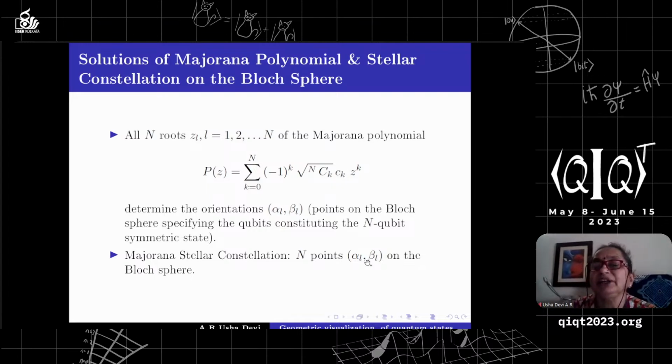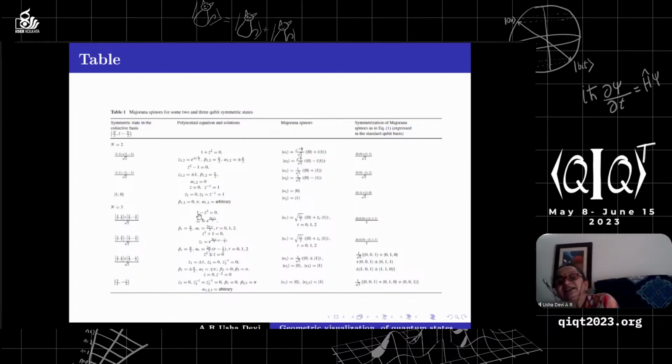An n qubit permutation symmetric state is represented as a constellation of stars, alpha L, beta L, on the Bloch sphere. So this is one more picture. If you want to check how it looks, in our paper we have given the polynomial equation, the solutions, what epsilon 1, epsilon 2 are for specific cases, what a GHZ state is, and how we represent it.